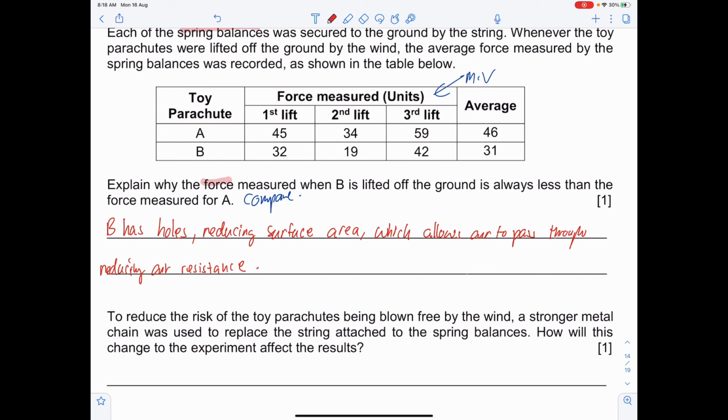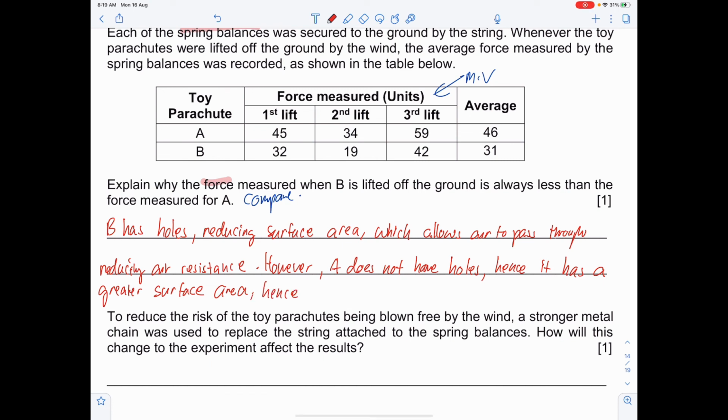However, A does not have holes, hence it has a greater surface area, hence more air resistance than B. Okay?